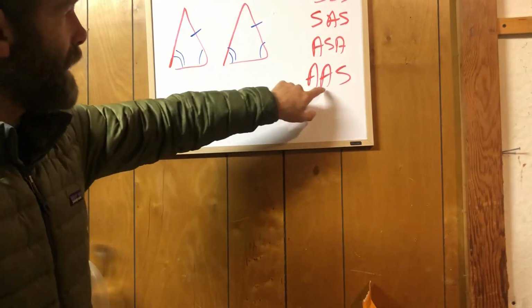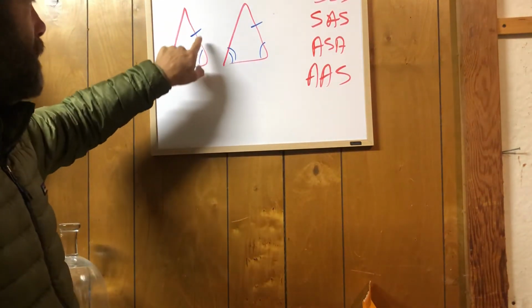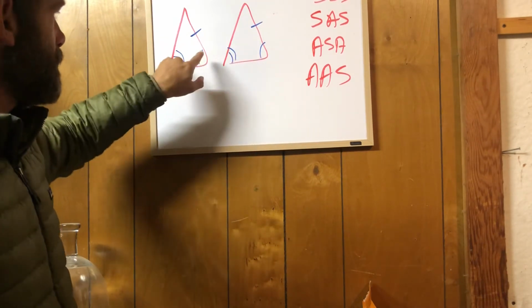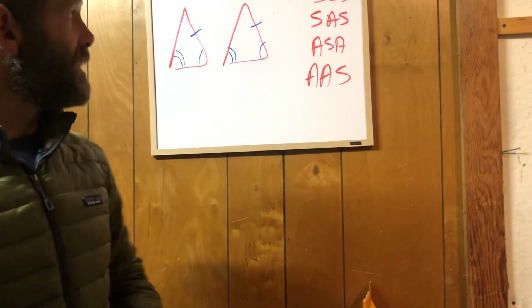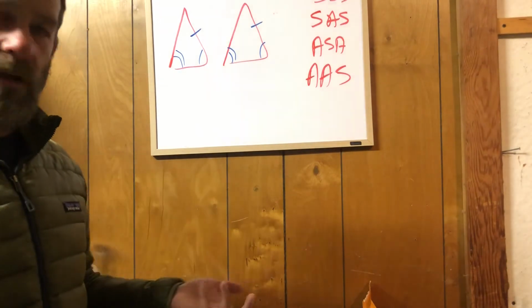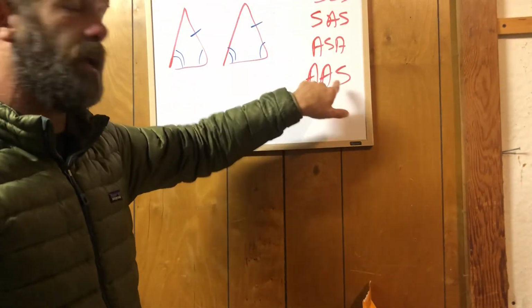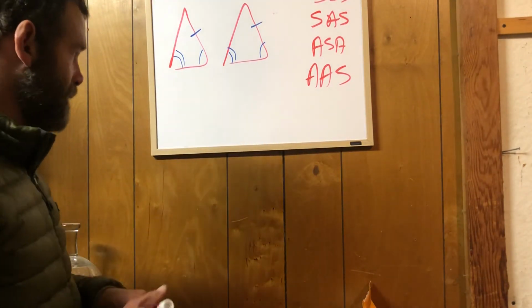Notice how angle, angle, and the side is not in between the two angles. Two angles that are congruent to the other two angles in the other triangle with a side that's not in between. This makes these two triangles congruent, and if it says state your reason why, all you have to state is one of these four conjectures: angle, angle, side. So these two are congruent because of angle, angle, side.